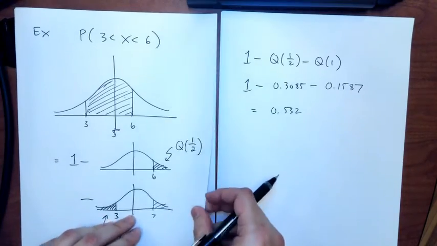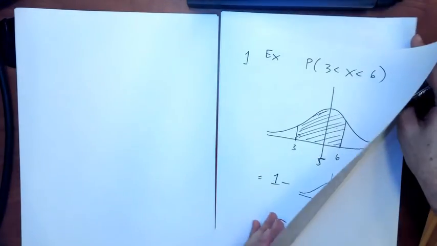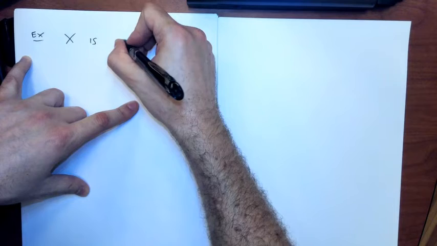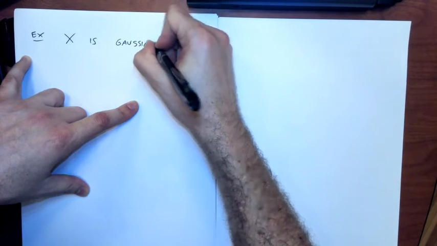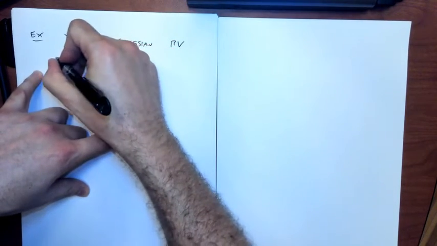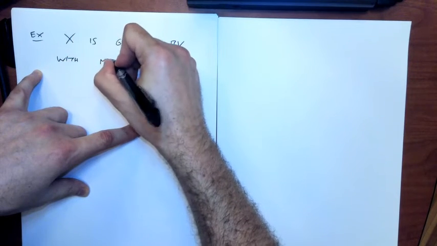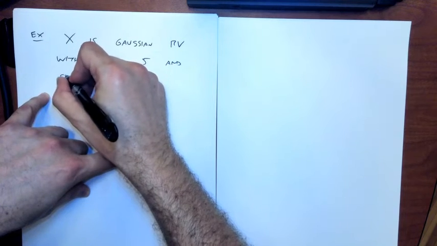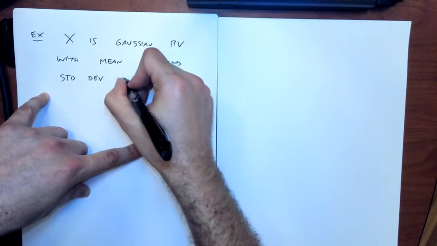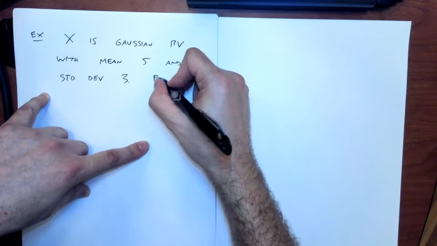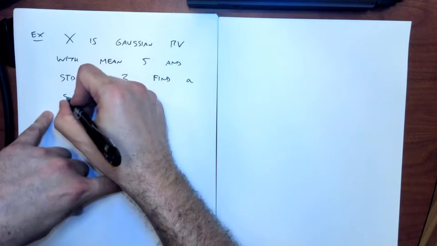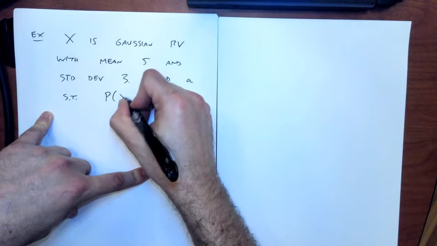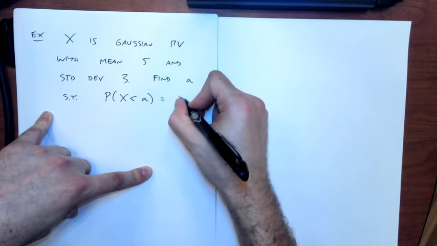So now I could say something like, let's say that x is a Gaussian random variable with mean 5 and standard deviation 3. Find a number a such that the probability of x being less than a is 0.9.